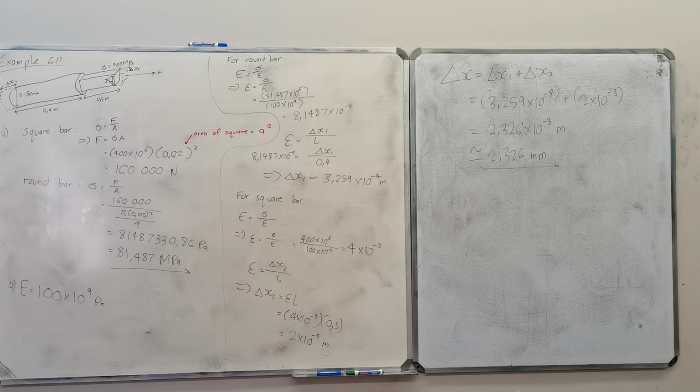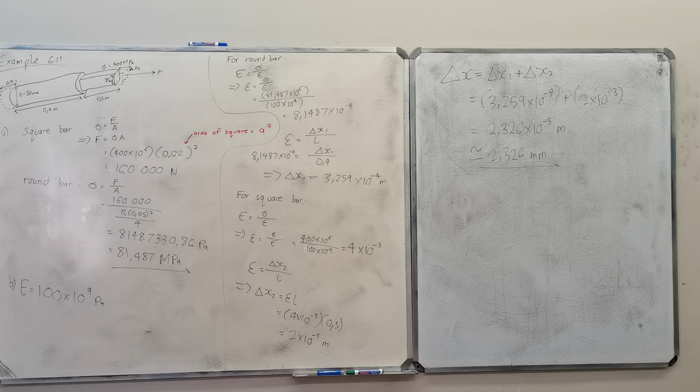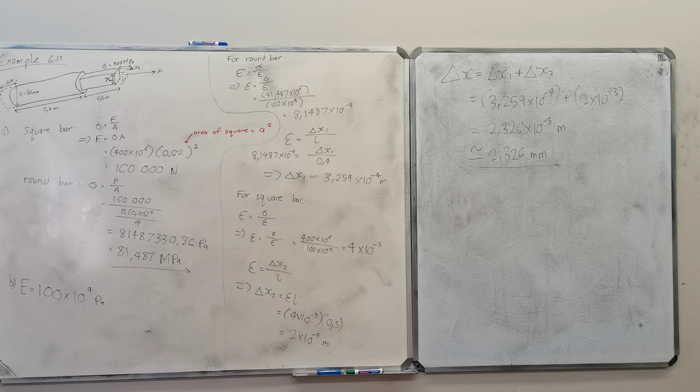Just above the graph, they worked out the area as 5.31 times 10 to the minus 4 meters squared. The area is constant throughout for this bar because that's the cross-sectional area. You take 13 over 5.31 times 10 to the minus 4 and you get that value of 24,482.